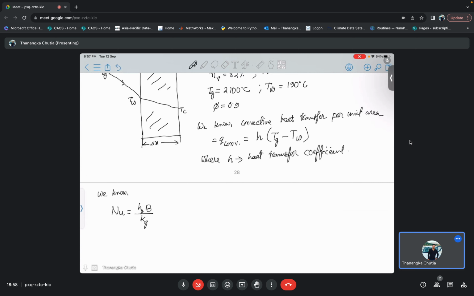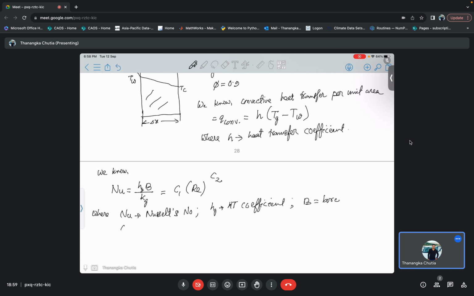This can also be written as C1 Re to the power C2, where Nu is the Nusselt number, Hg is the heat transfer coefficient, and B is the bore.